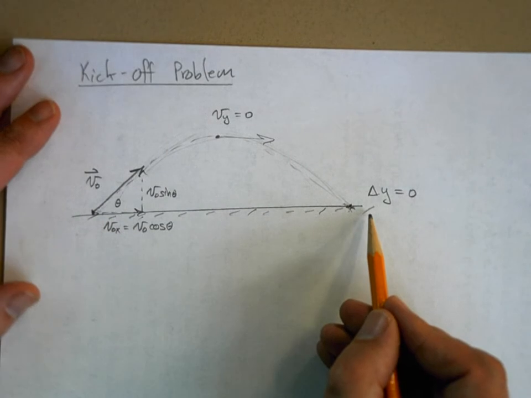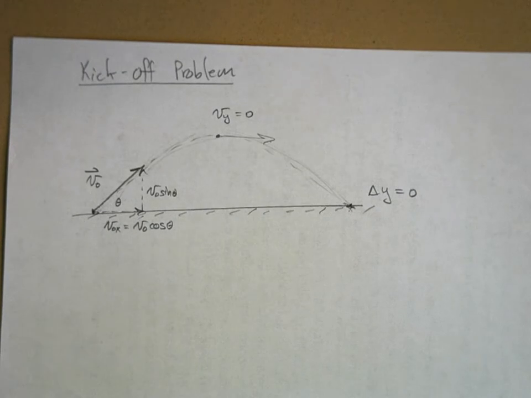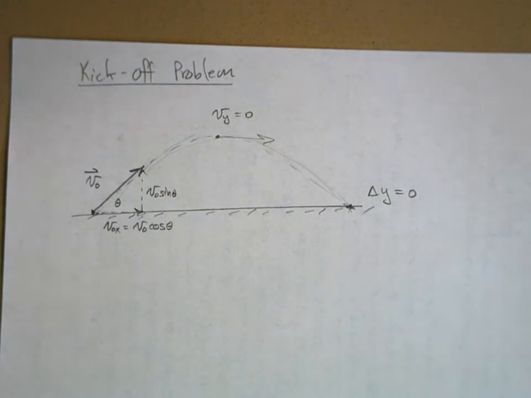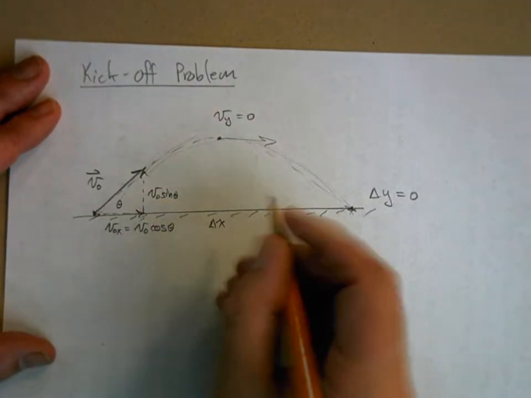Sometimes they won't tell you that in the book. They'll just tell you that it goes up and down and ask what's the hang time. Or they give you the hang time and they want you to find delta x, the range, or the maximum height.